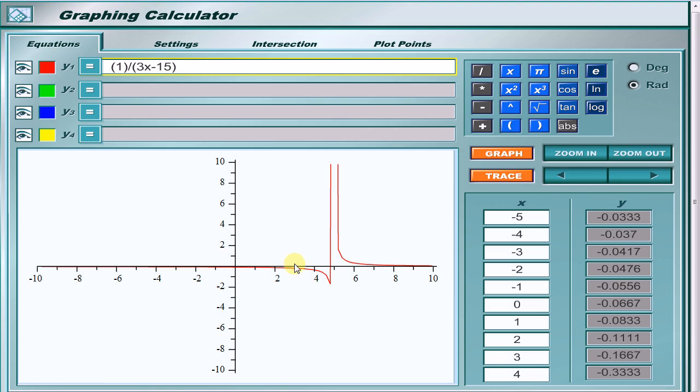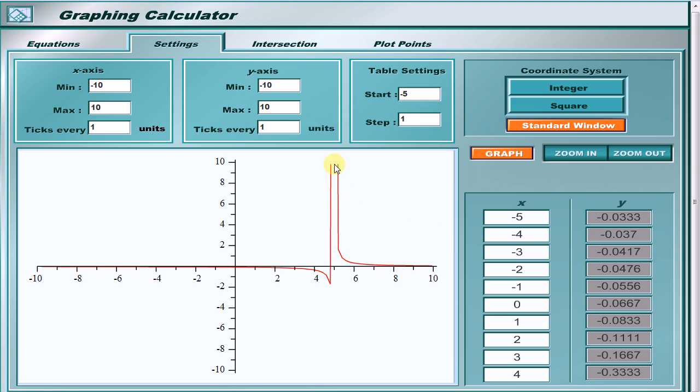So these values are all negative up to 5, and then these values are all positive. And if you zoom in over here, they're going to do the same thing they did here. They're going to approach this line y equals 0.